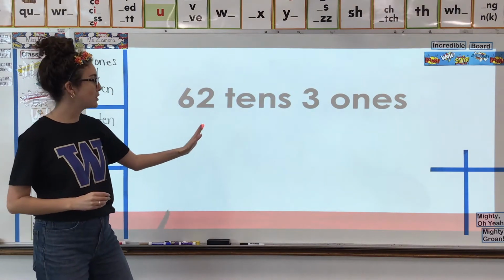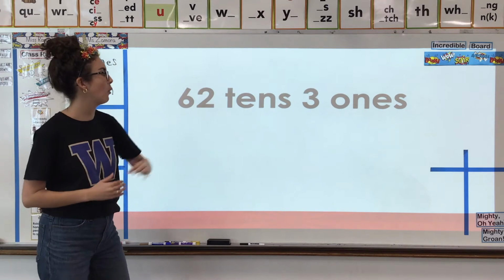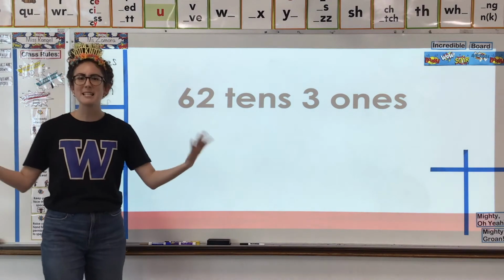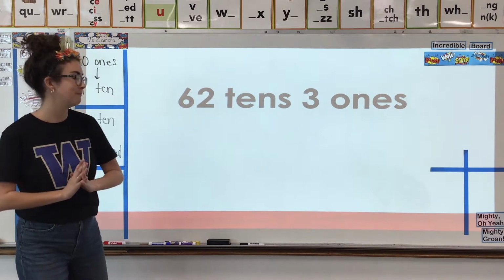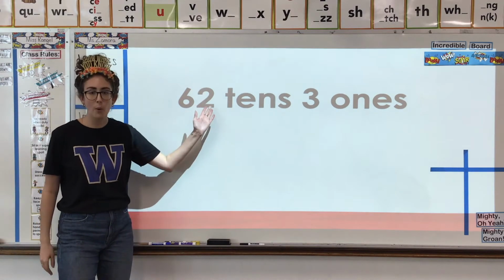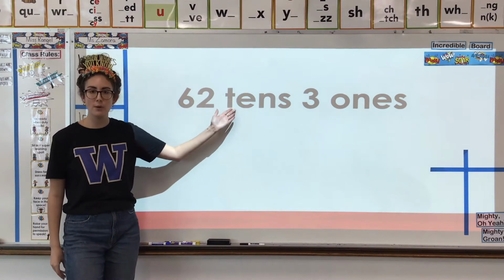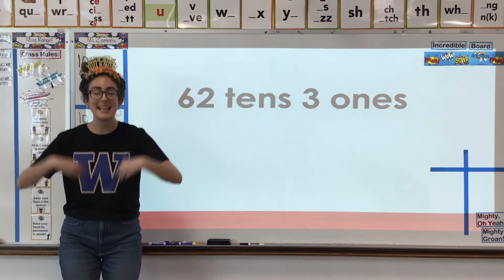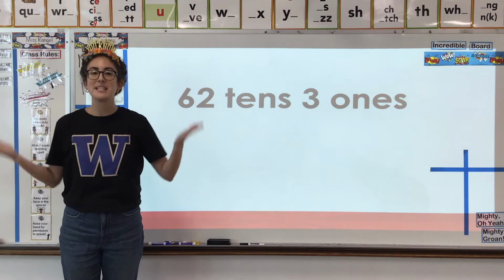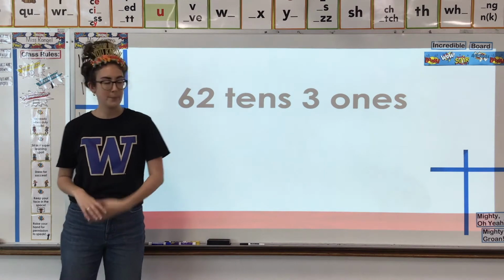Do we need to bundle the tens or the ones? Which has more than 9? Tens or ones? The tens, of course, there's 62 of them. So we are going to need to bundle to get larger units to figure out the total value.